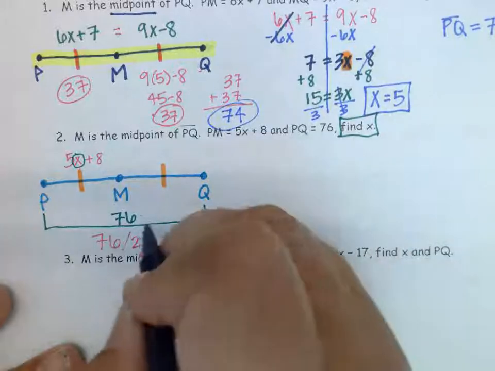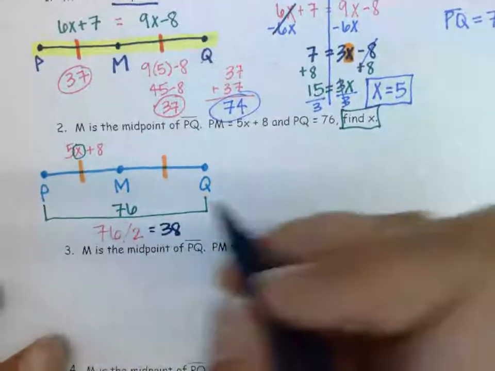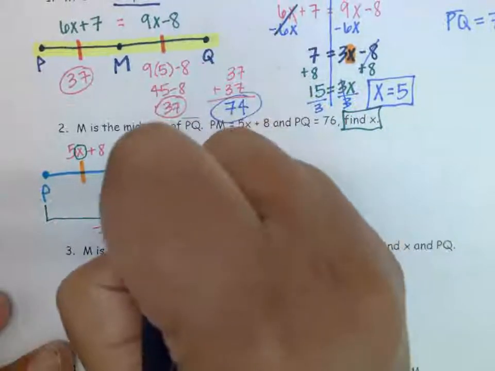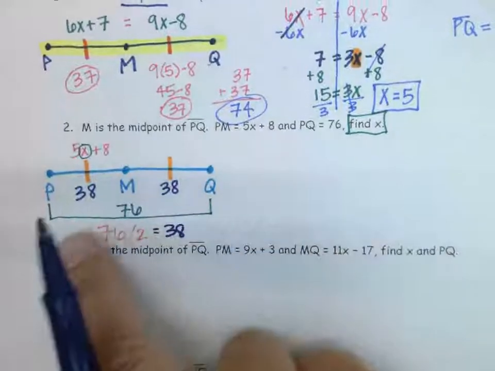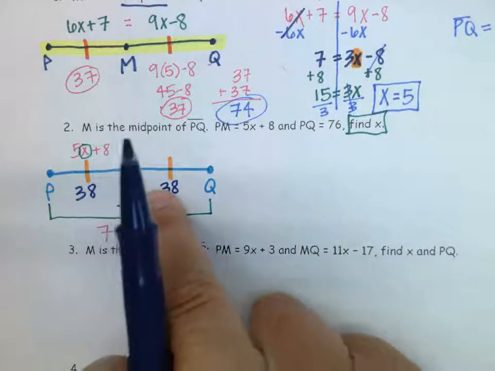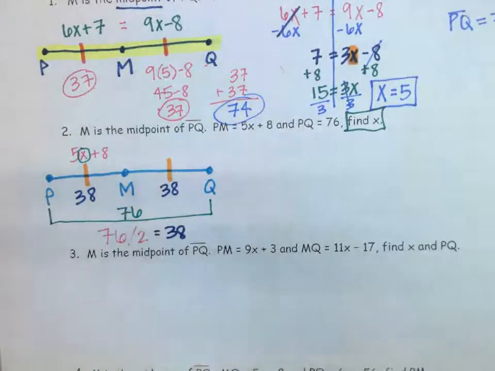You do that in the calculator, you're going to get 38. So 38 is on this side and 38 is on this side. Together, you have 76 inches.